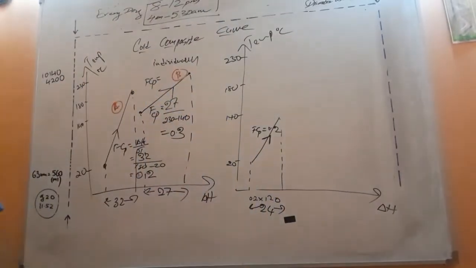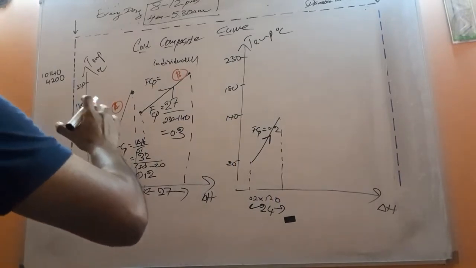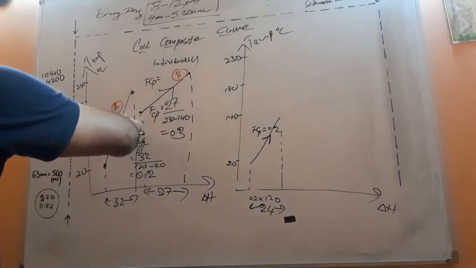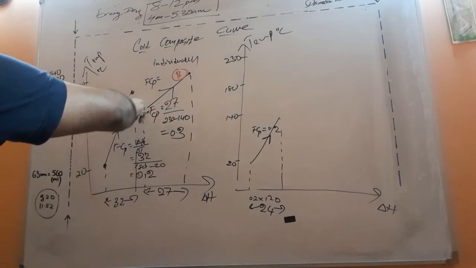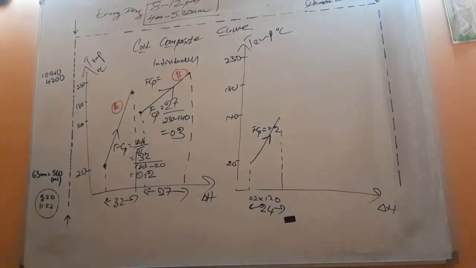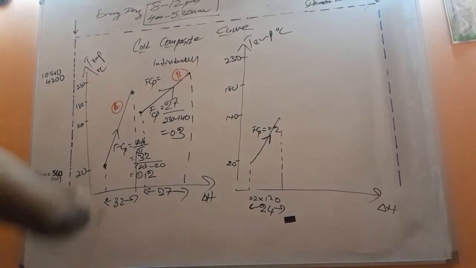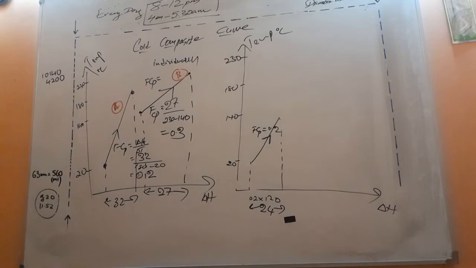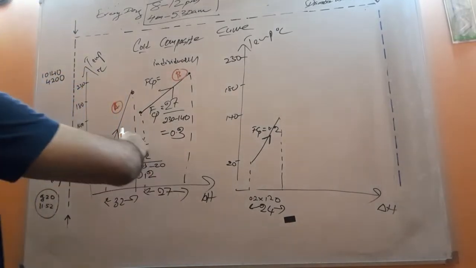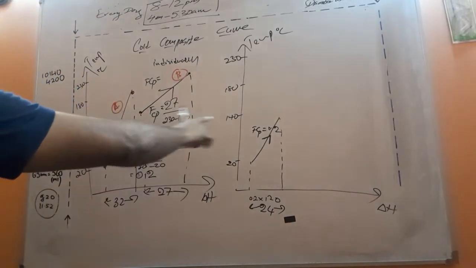Now what is the next thing? The next thing, you can complete the relationship from 140 to 180. So how to do that? Now up to 140 is covered. So now you have to complete the temperature range from 140 to 180.